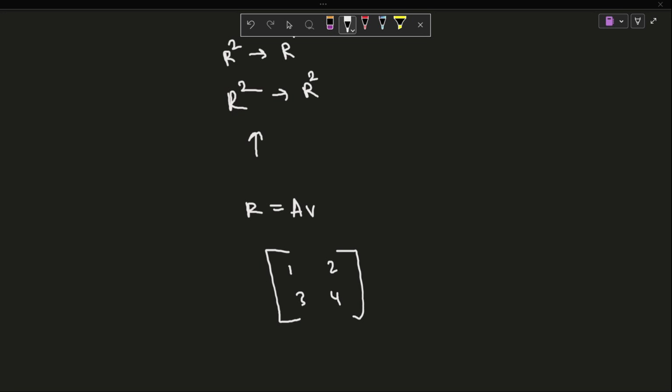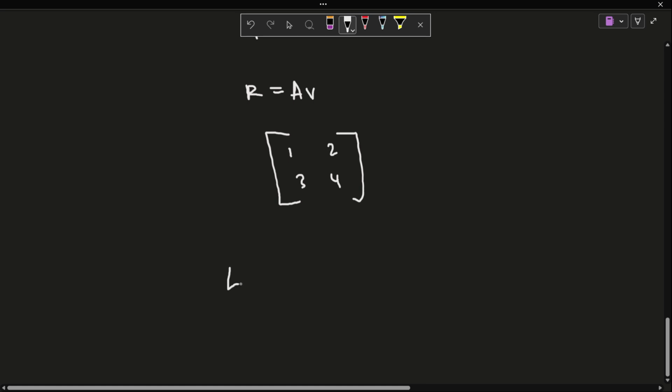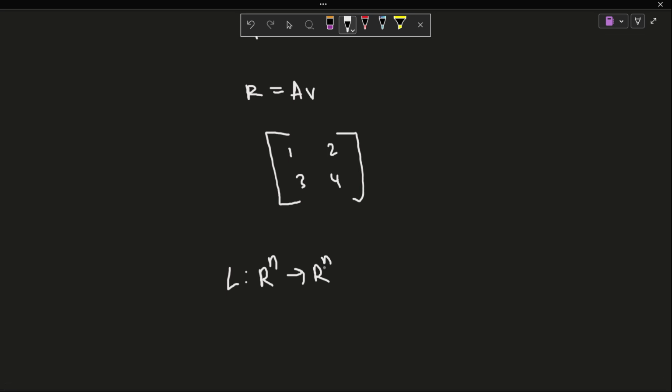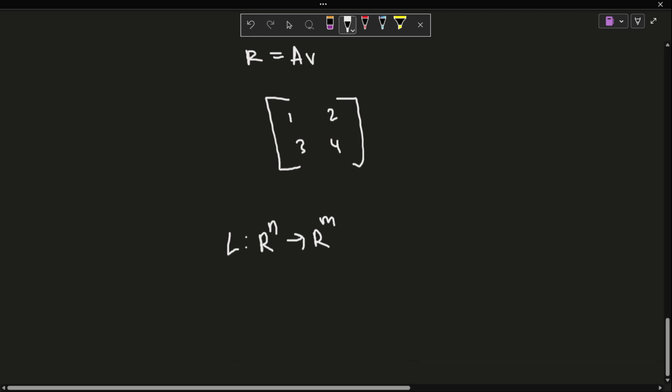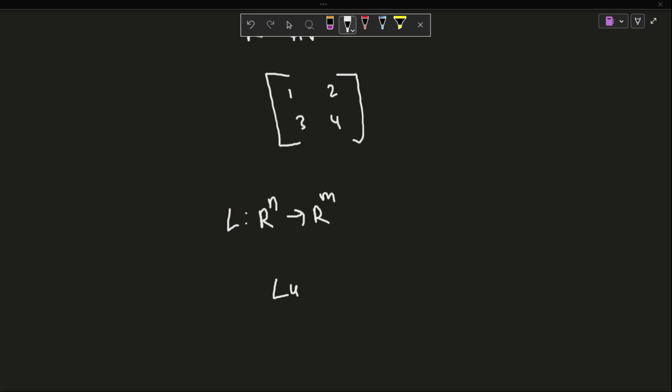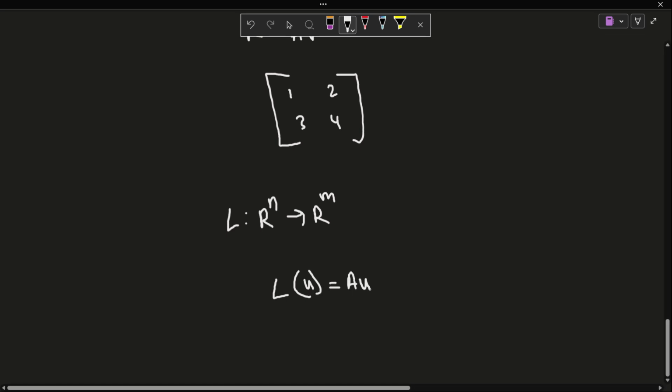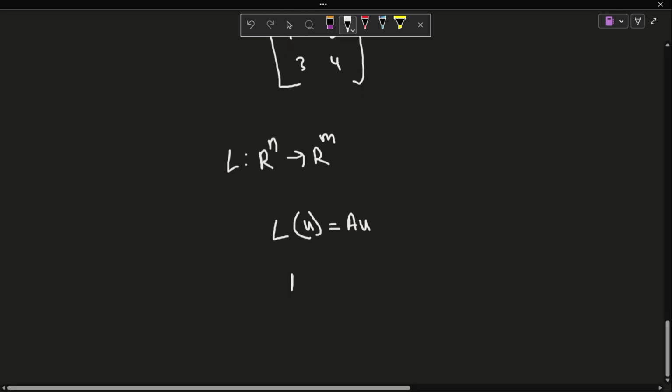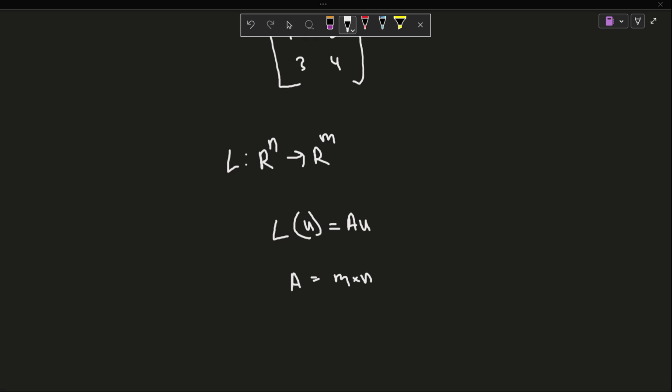And that brings us to a first theorem. If you have a linear transformation L, and that's just something like your n tuples mapped to your m tuples, and that's going to be defined as L of u equals a matrix A times u, where A is an m by n matrix, then L is going to be linear.